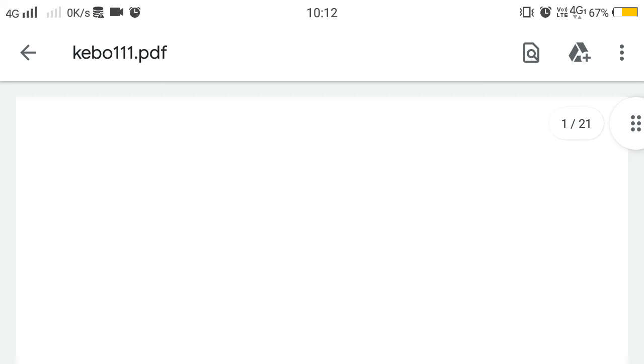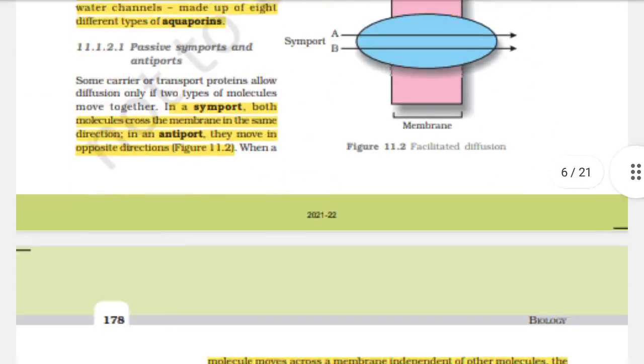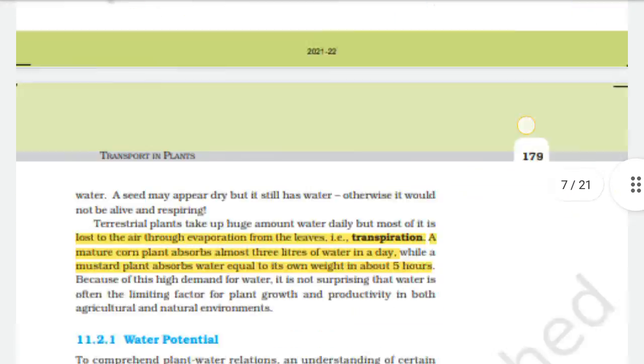Next, the relationship between pressure potential, solute potential and water potential is given on the next page. Let me show that. Here it is.